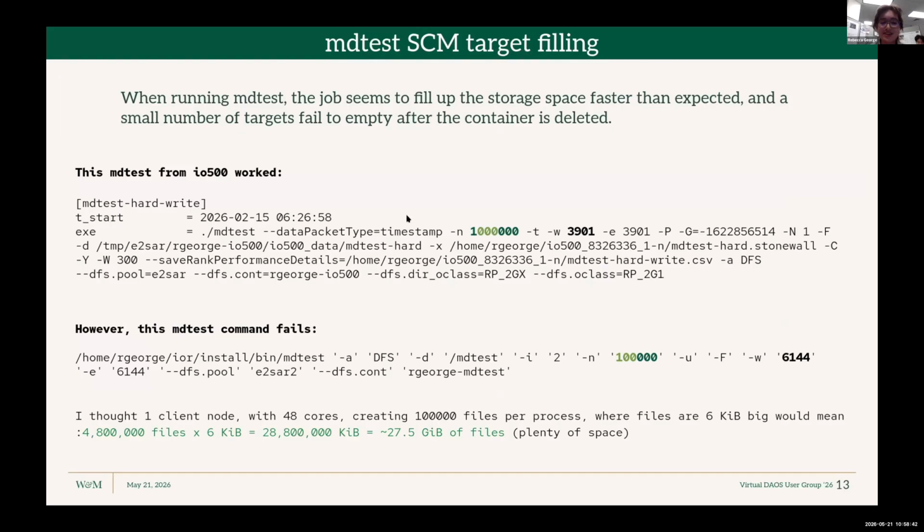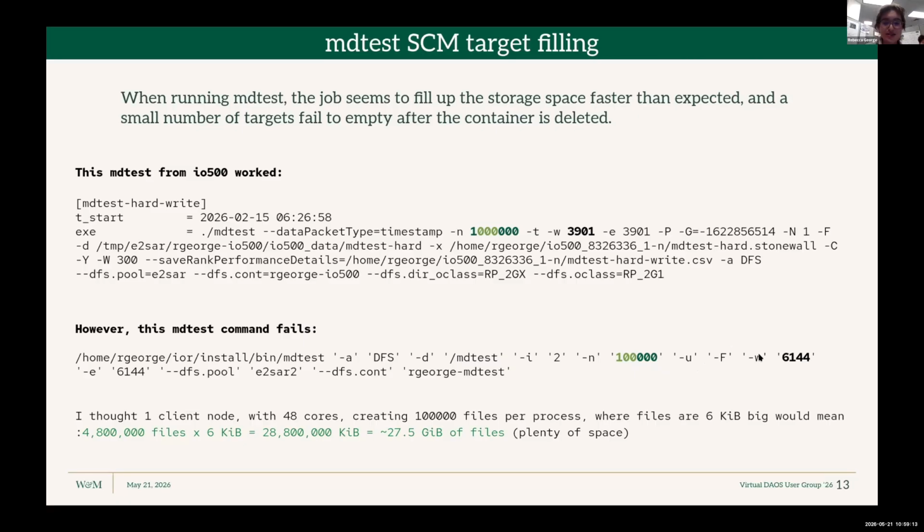this command succeeded with 1 million files and file size of 3,901. And then more recently in, I believe, March, the MD test commands that we were trying to run with one order of magnitude less files, 100,000 files. We could run 10,000 and then we would go up to 100,000 and it would fail.